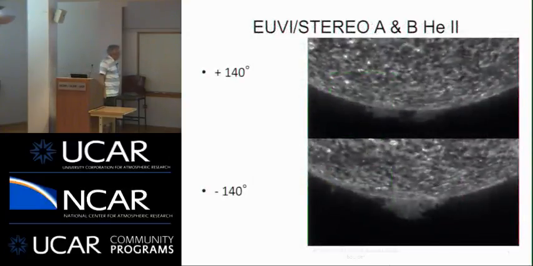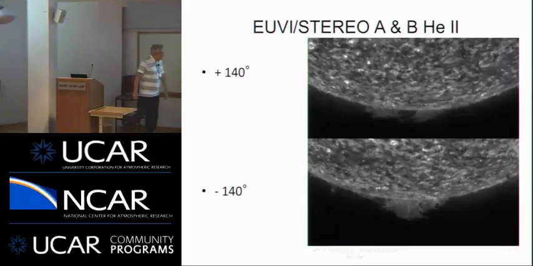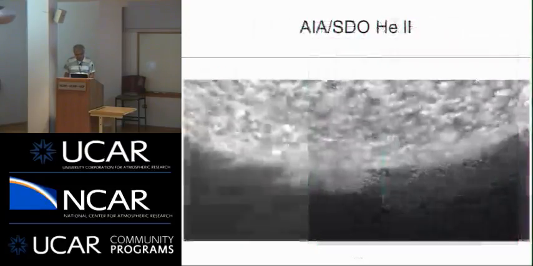We happened to have STEREO EUVI images, but A was here and B was here, and essentially they showed edge on and head on. But the point is that we couldn't properly analyze these and get the proper geometry, because one of these images was taken maybe more than 1 hour before, so it's a bit tricky too.